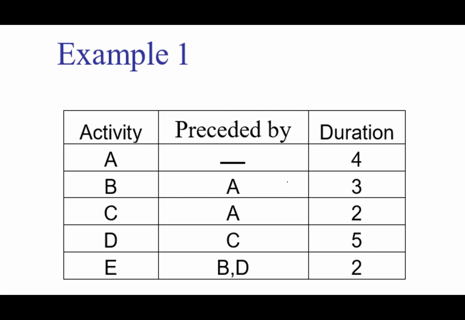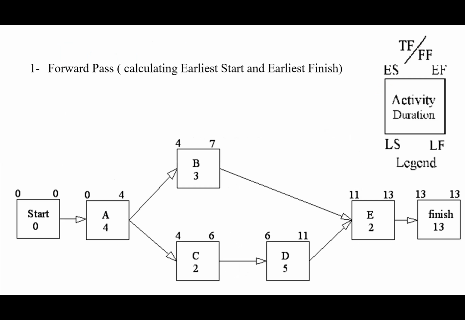In my slide, if we have a face-to-face class, I normally ask students to go through this concept. So perhaps you can go back and try to draw a network diagram just by looking at this table. You should get something like this. This is the answer.